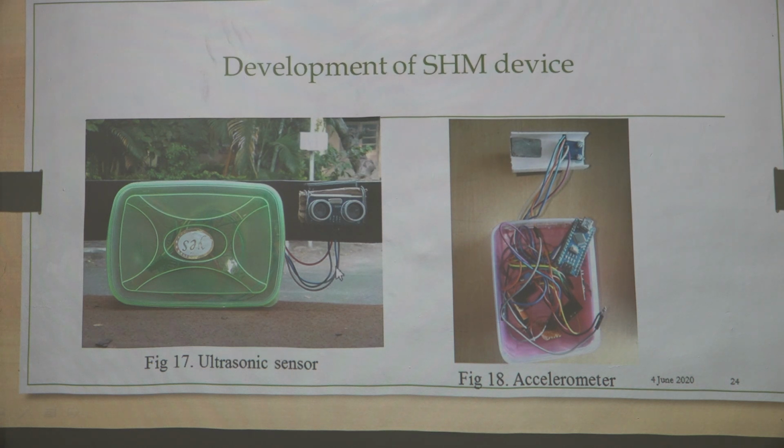So, the data will be minimum. Whenever the train passes on the bridge, then and only then it is going to measure the acceleration. At other times the acceleration will not be measured. For that purpose we have developed this ultrasonic sensor.